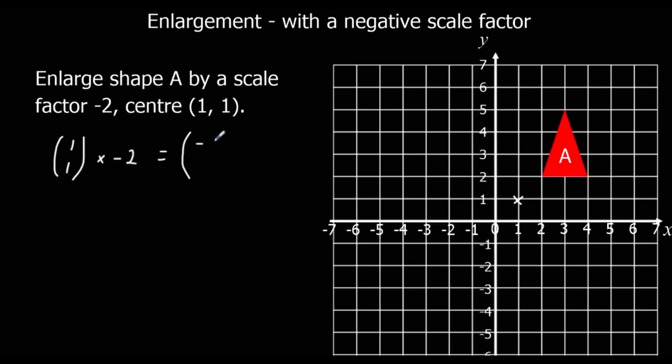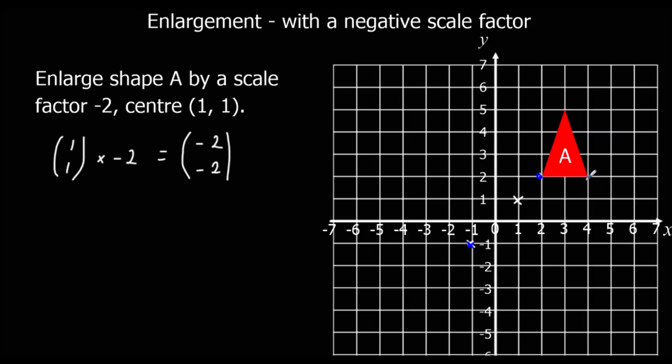So 1 times -2 is -2, 1 times -2 is -2. So to get to the new coordinates of this bottom corner, I'm going to go back 2, down 2. So my point on the bottom corner is now at -1, -1.